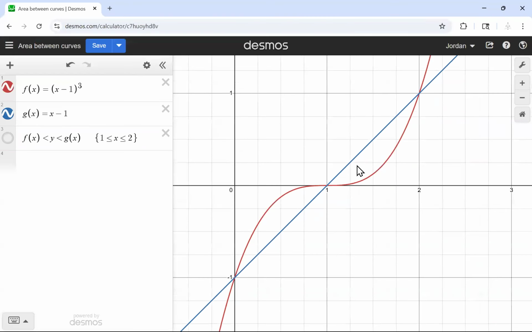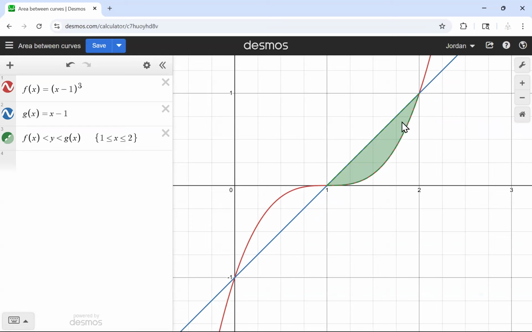Now again, the area that I found was just this one closed bounded region in the first quadrant. So this shaded area is what is 0.25 or 1/4 of a square unit. I didn't include this one. You could actually imagine, and you can see, that this would also be 0.25 if I calculated the area down here.